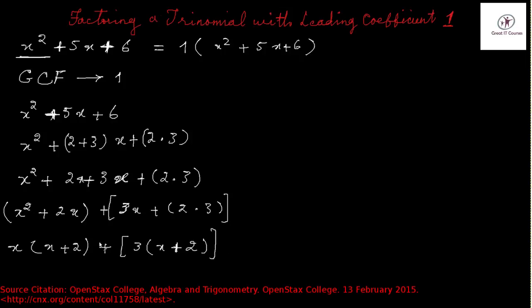And now I have two terms over here, joined with an addition sign. So what I can do now is find another greatest common factor between these two terms, and that would be x plus 2.